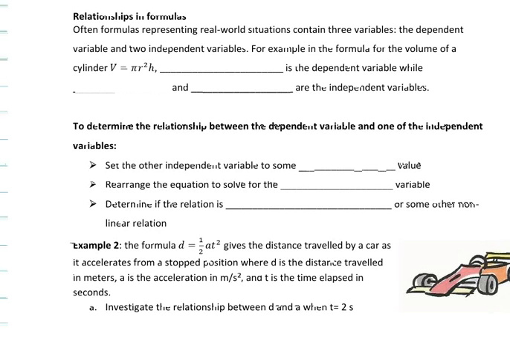So I set the height to a number, right? So my only 2 unknowns right now are the volume and the radius, because I set the height to a certain number. Or I can set the radius to a certain number, and I can change the height. Do you guys understand what I'm saying?